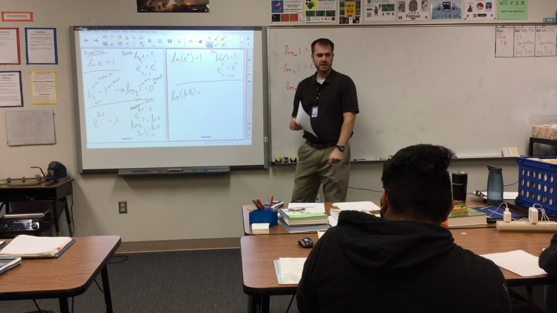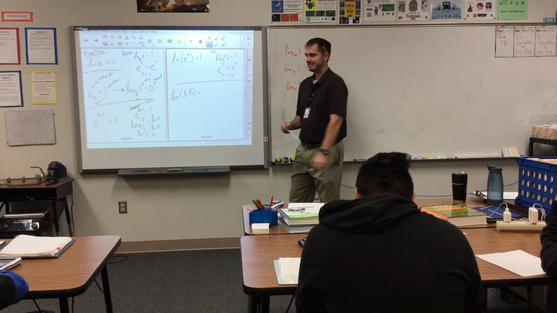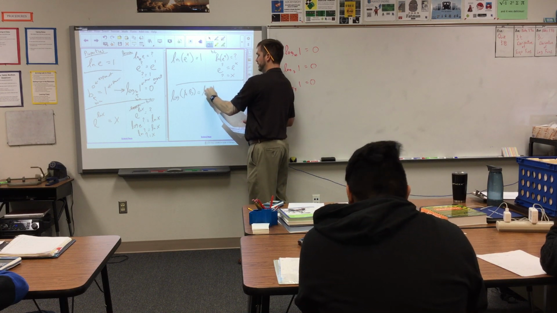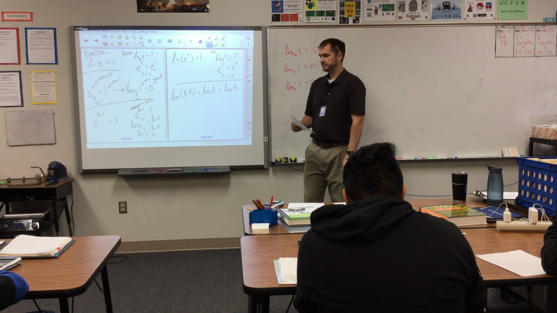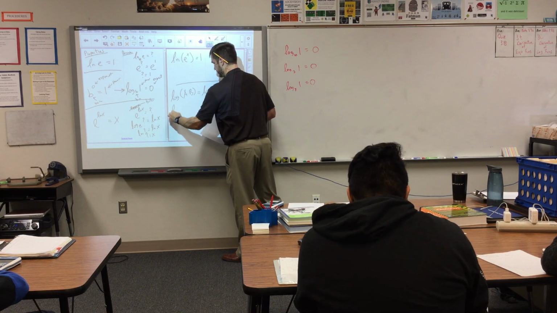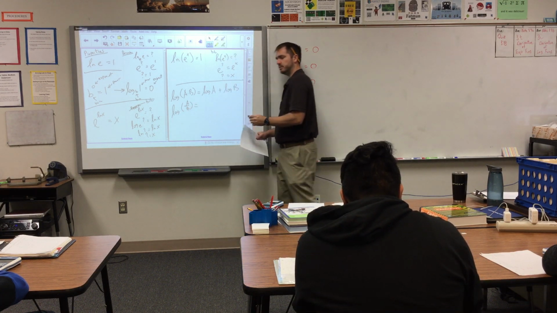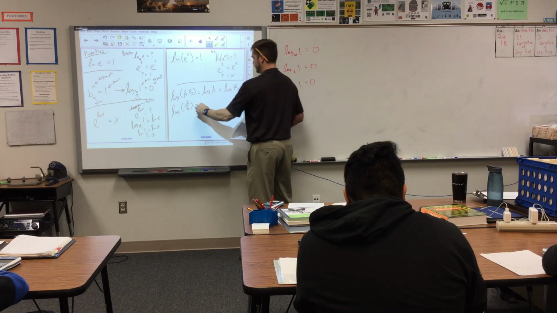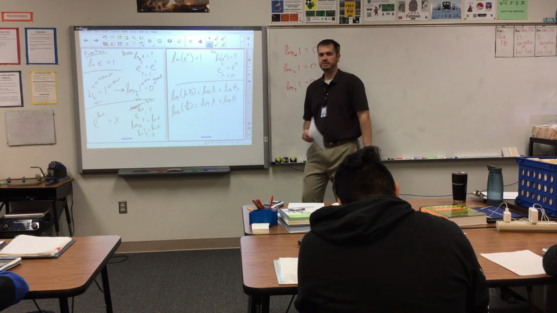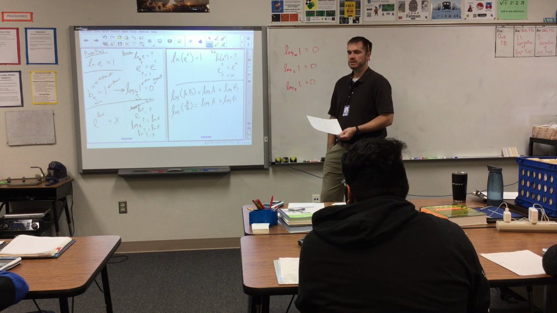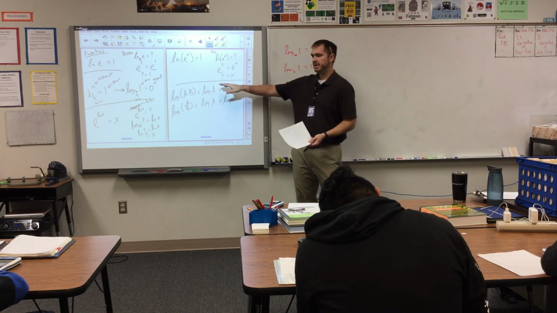The log of A times B is the log of A plus the log of B. The log of A divided by B, you can probably guess, is log of A minus log of B. The proof is not difficult and it's kind of fun, but that's pre-cal kind of fun. We have calculus fun in here.